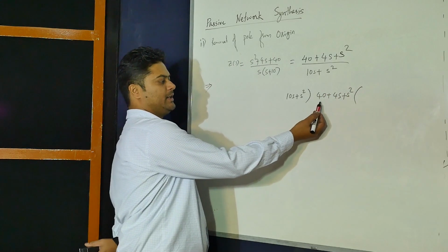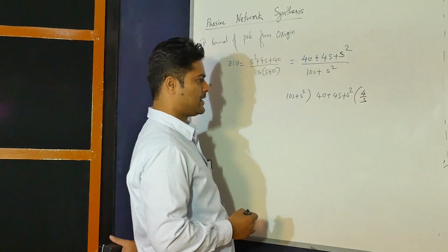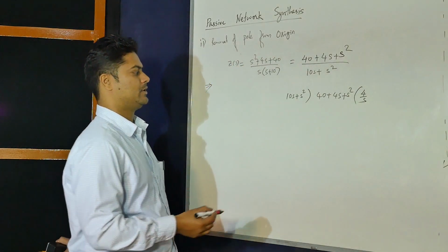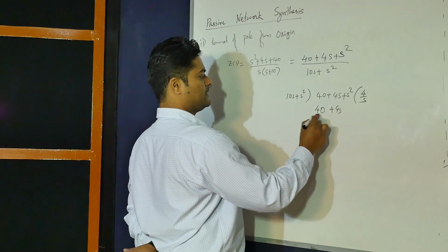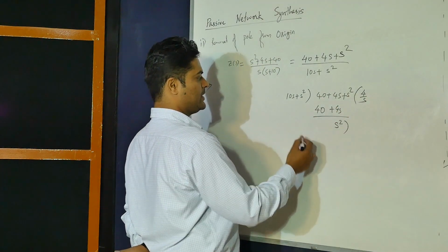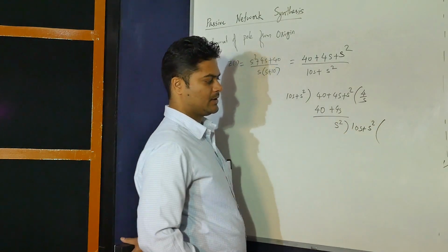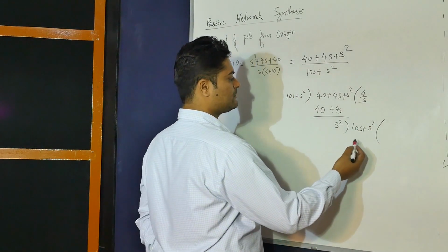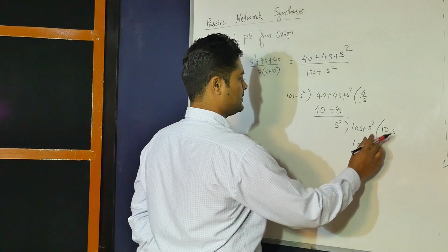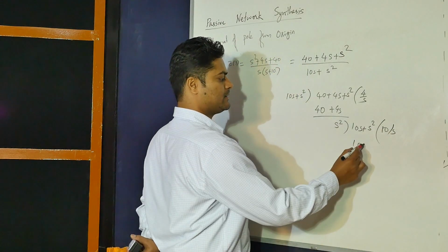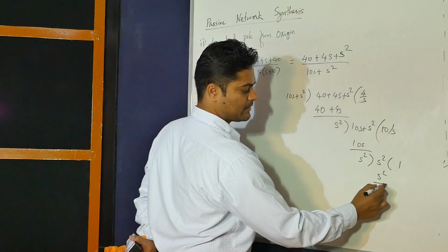So when we can get 40, when we have 4 by S, we can get 40. 40 plus 4S, straight away, both of these get cancelled, S square. Then again, further you go for removal of other lower order S terms. So 10S, 10 by S. 10 by S is 10S, so S square. So S square, when we have A1, S square, 0.